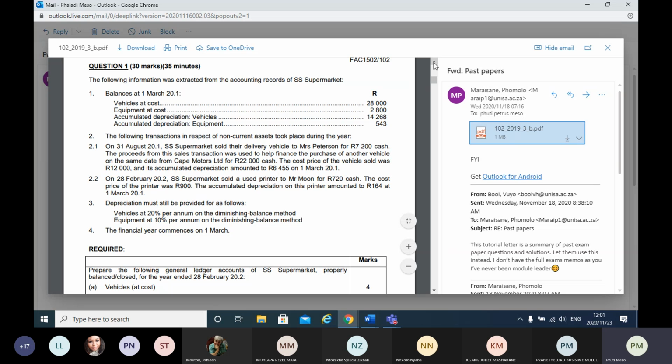I don't have my calculator here. I depend on you, please. How much are you getting on the carrying value? Okay, let me just quickly use my phone. Please, if you've got it, help me out.